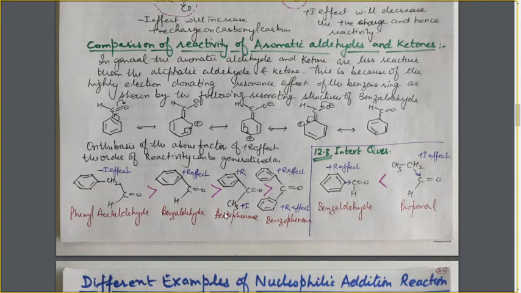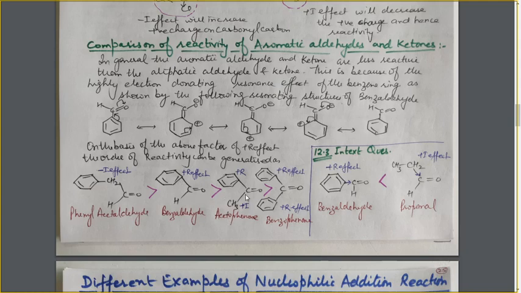Here there is an order on the basis of the same concept, for which we have written these four compounds. The first is phenylacetaldehyde. What is the structure? The basic compound is acetaldehyde, CH3 C double bond O H. On this CH3, one hydrogen is replaced by the phenyl group, that is the benzene ring, so the name becomes phenylacetaldehyde. Next is benzaldehyde, where the carbonyl carbon is attached to the benzene ring and a hydrogen atom.